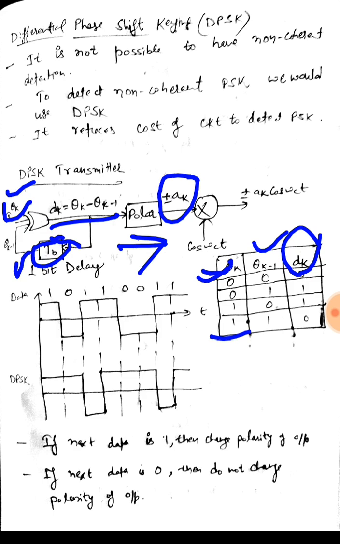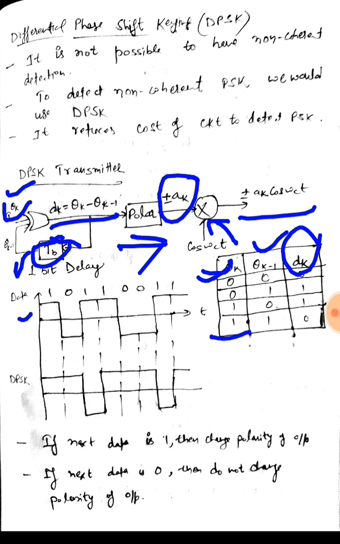Okay, polar form, that is this data 1 0 1 1 0 0 1 1, and then we will feed it to the multiplier, and there would be a carrier signal cos omega ct which will produce plus or minus ak cos omega ct.